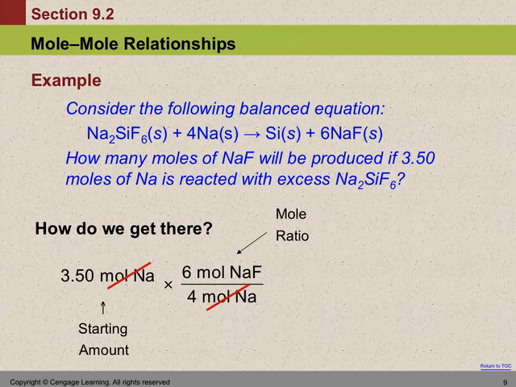We cancel the units on the numerator with the units on the denominator, and we're left with units of moles of sodium fluoride. So what this tells us is that 3.5 moles of sodium will produce 5.25 moles of sodium fluoride, and we work that out by looking at the numbers or the coefficients in front of the reactant and the product respectively.